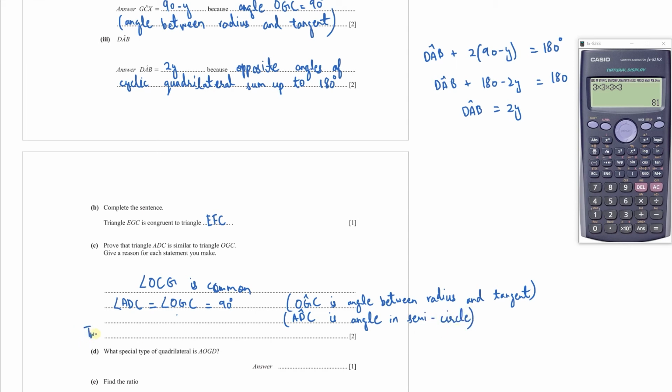So two angles are equal, so triangle ADC is similar to triangle OGC.